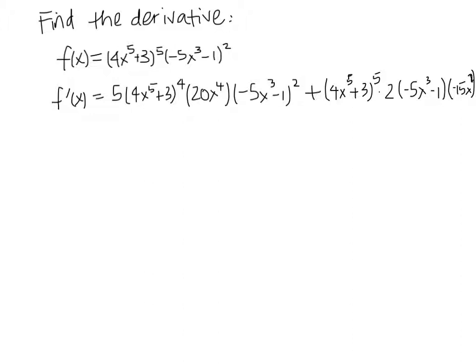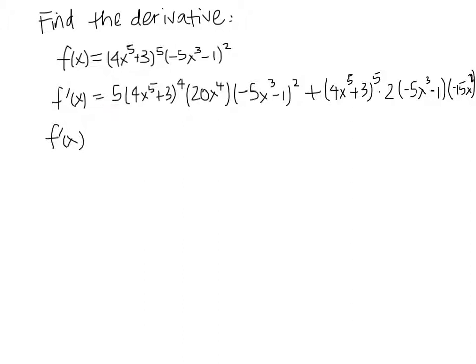Now I'm going to put some pieces together. So take a look and see if you can see what pieces in each part go together. I see a 5 and a 20x to the 4th that I can multiply together and put out front. And in the second part, I see a 2 and a negative 15x squared that I can put together and put out front. Okay, so I'm going to do that to make it look a little bit simpler.